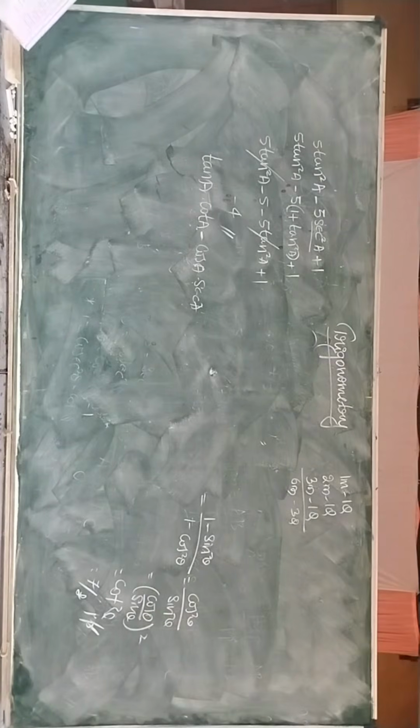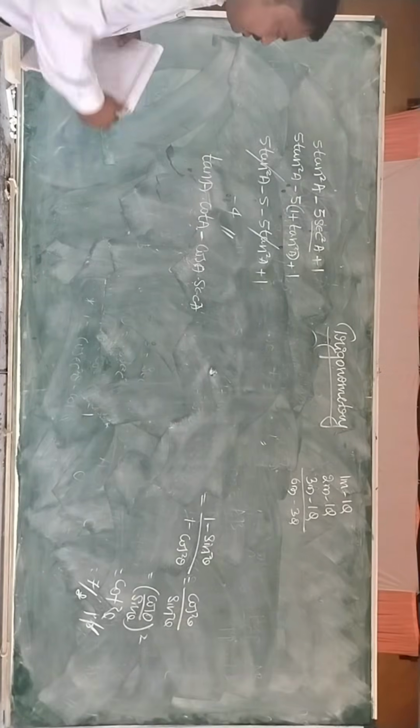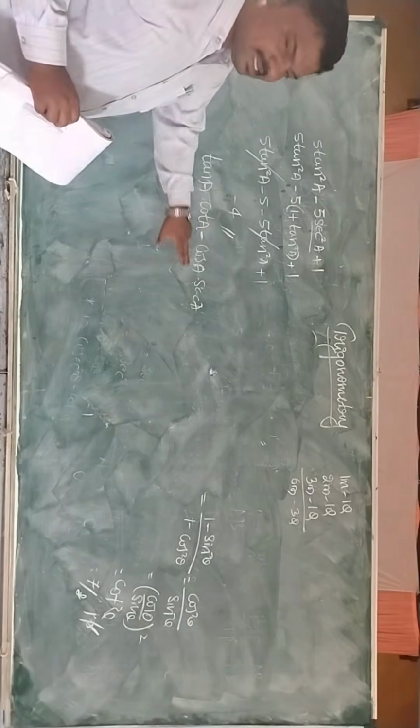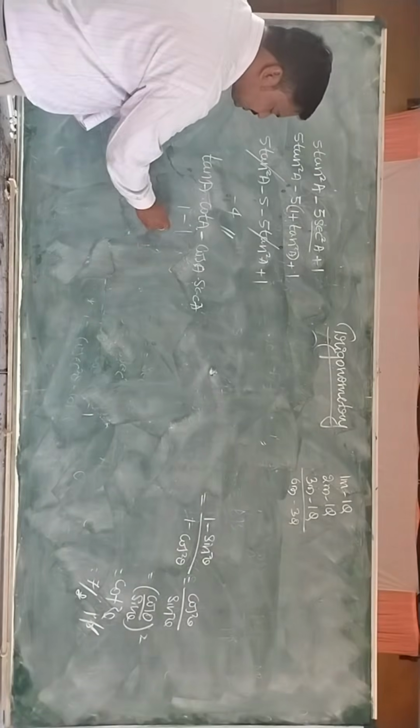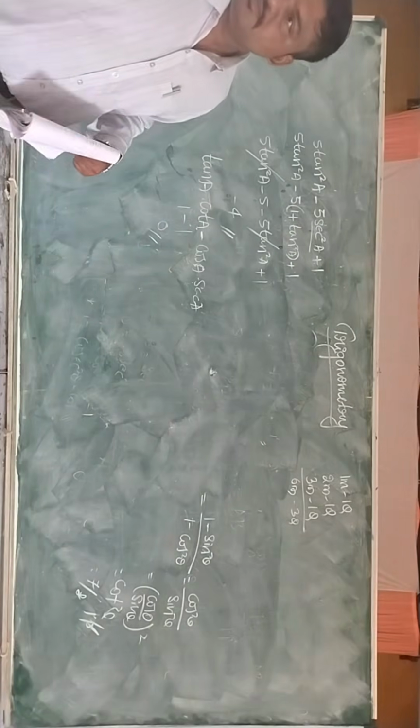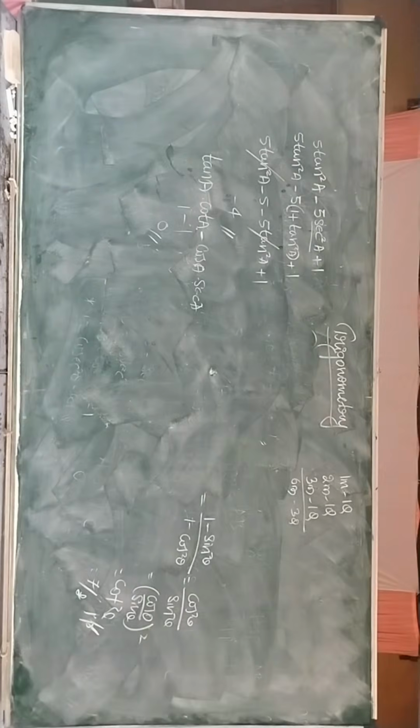Yes, anybody? 0. 0, correct? Reciprocal of tan is cot, get cancel 1, and reciprocal of cos is sec, get cancel 1. 1 minus 1, 0. Simple. One more question. Yes, sir. Two more questions you can take now.